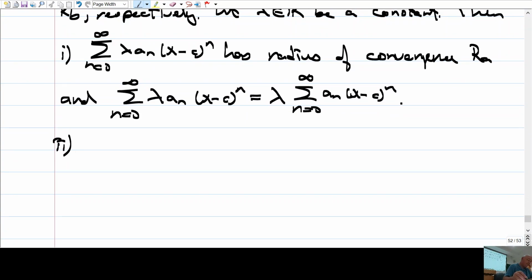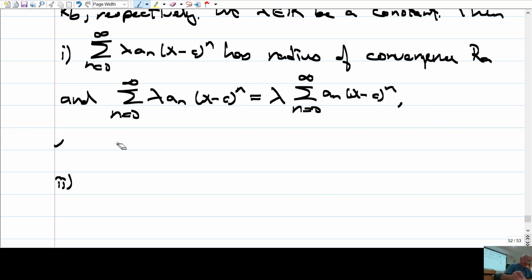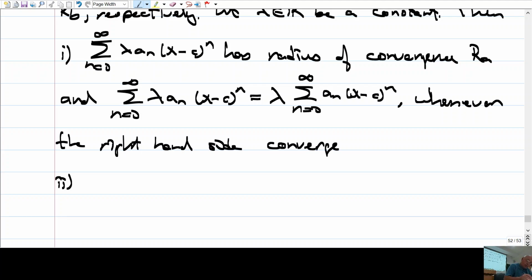And the second statement. Okay, this is true, of course, for all x with |x minus c| less than R_A. Actually, of course this is not quite accurate. Maybe it can converge at the endpoints also. Let me put it this way: whenever the right hand side converges, I have this equality.